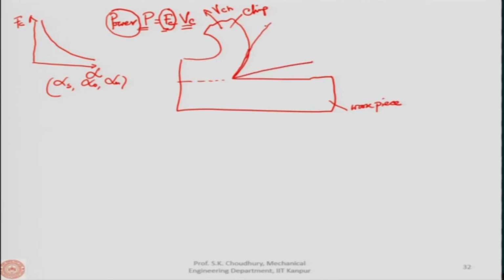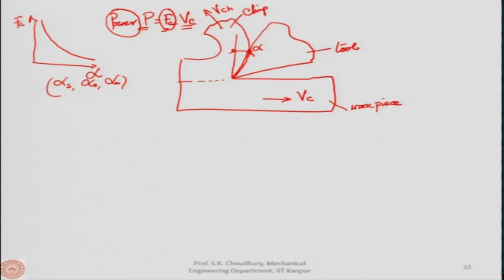This is the tool, and here we have a certain rake angle, alpha, one of these rake angles, alpha s, alpha 0, or alpha n. This is the cutting velocity Vc, and this line is perpendicular to the cutting velocity vector, that is what we said.